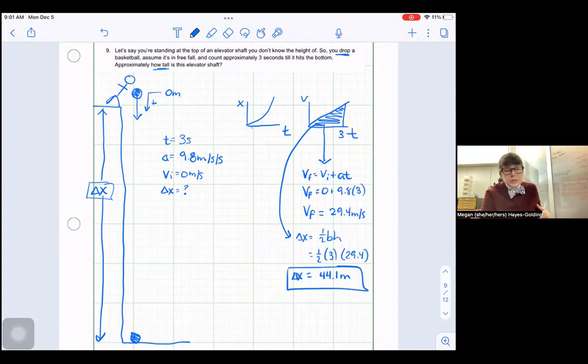Way 2 is maybe a little more direct. It uses purely one algebraic equation. It's the equation of this curve. Delta x, which is what I'm looking for, is not quite the same as x or x initial. It's the difference between them.